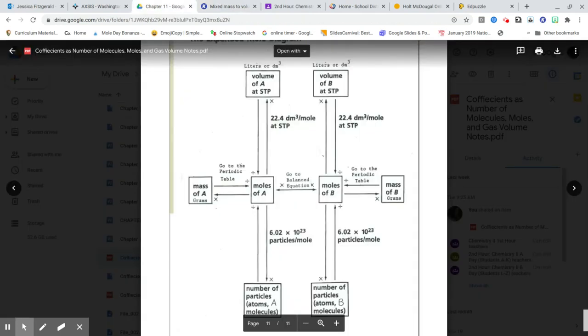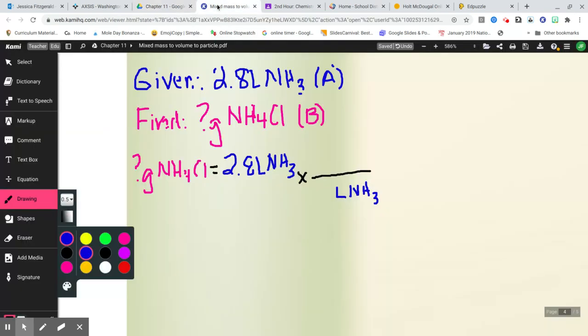So let's take a look at our mole diagram. We are right here at liters, so we're going to go liters to moles. So moles of NH3 will go in the top.